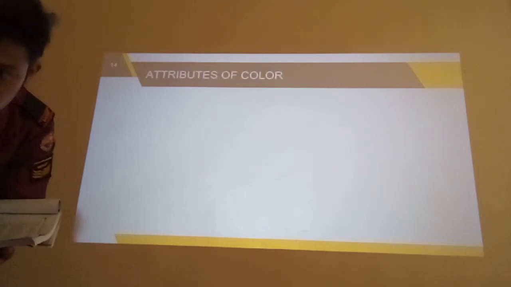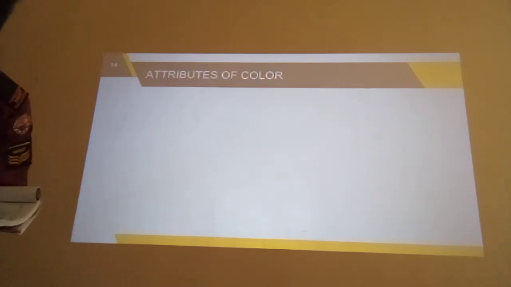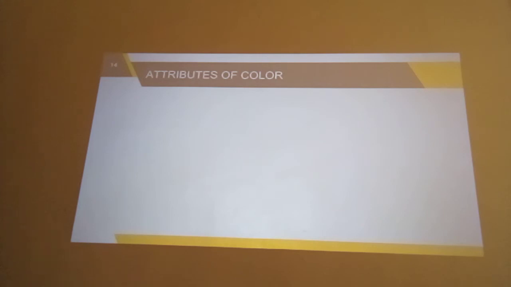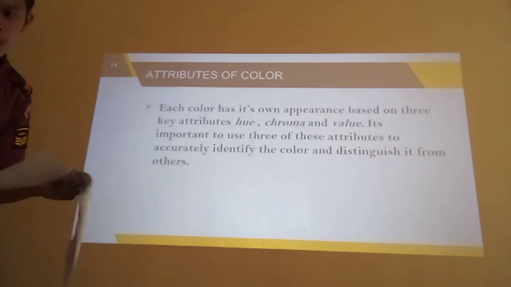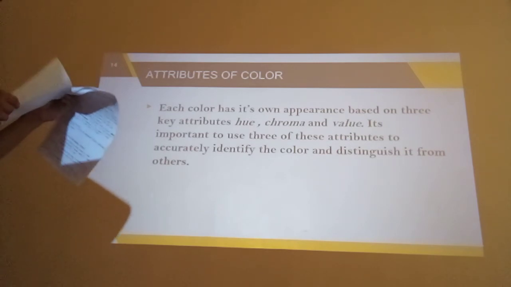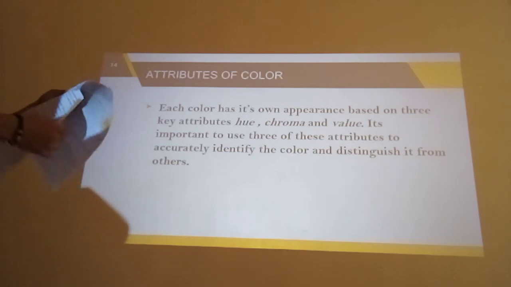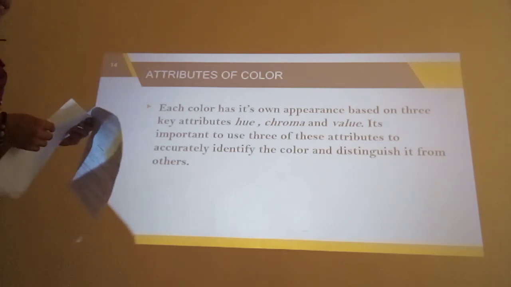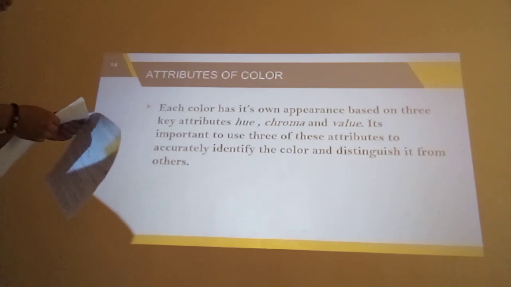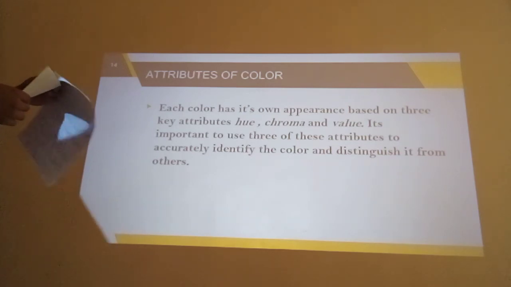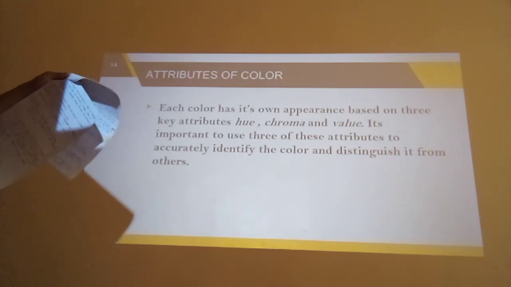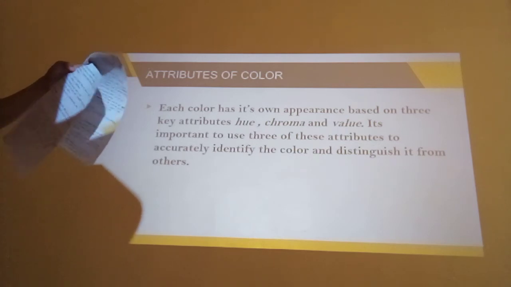The next topic is the attributes of color. So what are the attributes of color? In my opinion, about the true attributes of color, a color has its own appearance based on three key attributes: the hue, chroma, and value.